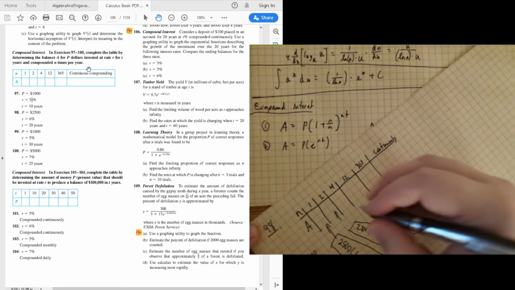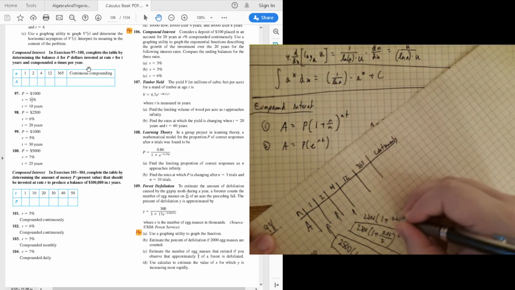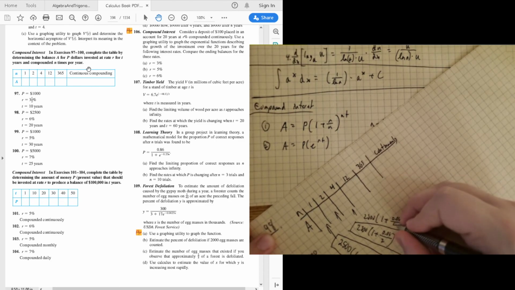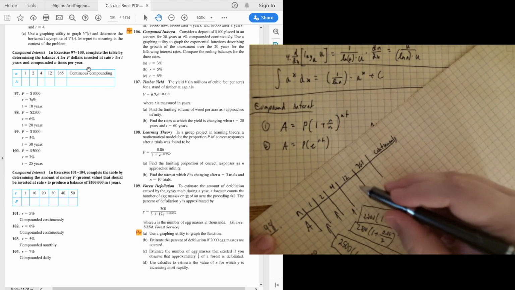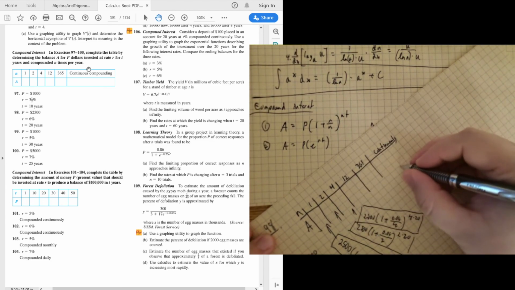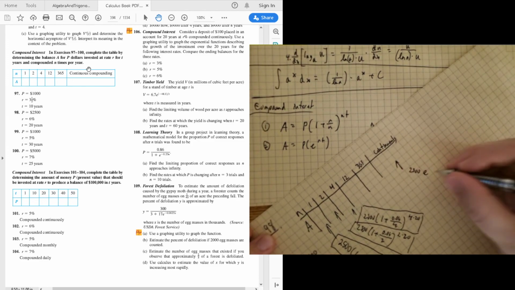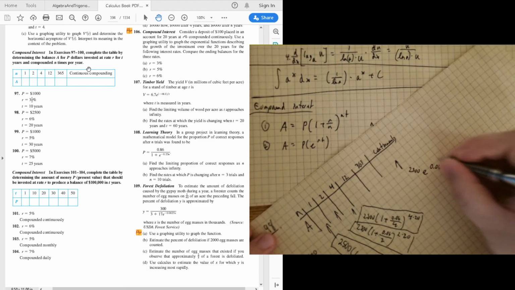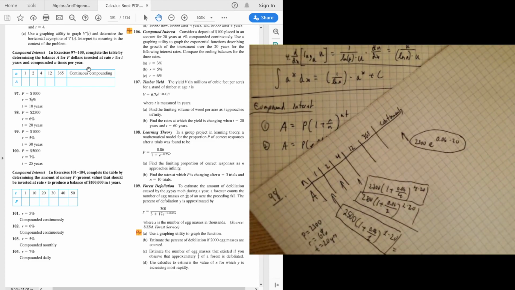So, for 4, same basic way, 2,500, 1 plus 0.06 over 4, to the 4 times 20. Same with 12, same with 365. This last one would be 2,500 times e to the 0.06 times 20. Whatever numbers you get from each one of these, that's your solution for this problem.